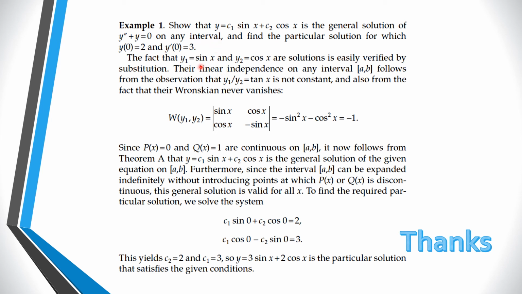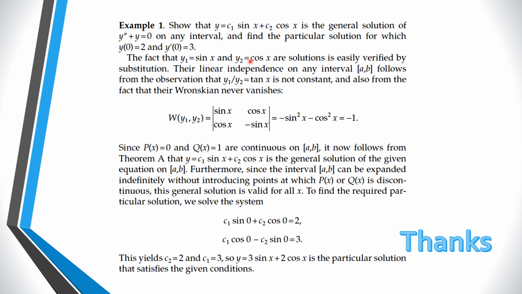Now just see, we can easily verify that sin x and cos x are solutions of this equation. Why? Because we can substitute over here. What will be the second derivative of sin x? It will be minus sin x. What is the value of y? It is sin x. So minus sin x plus sin x will cancel out. So sin x satisfies this equation.